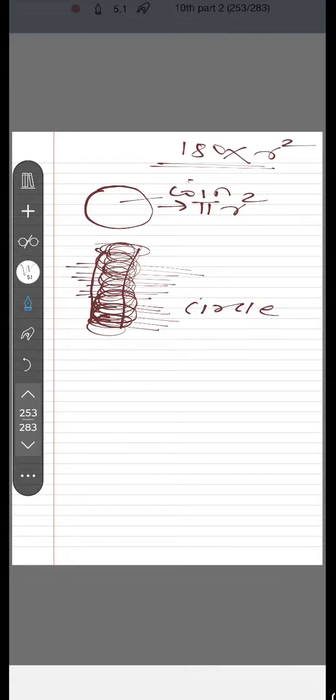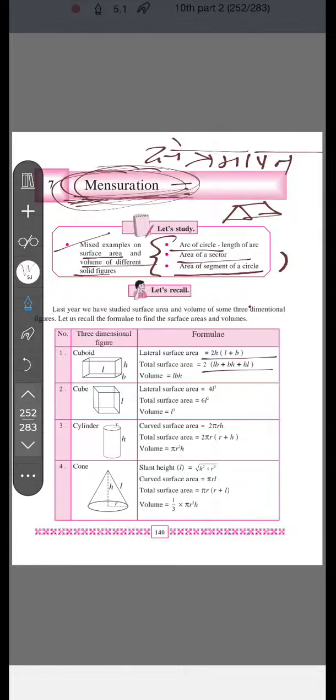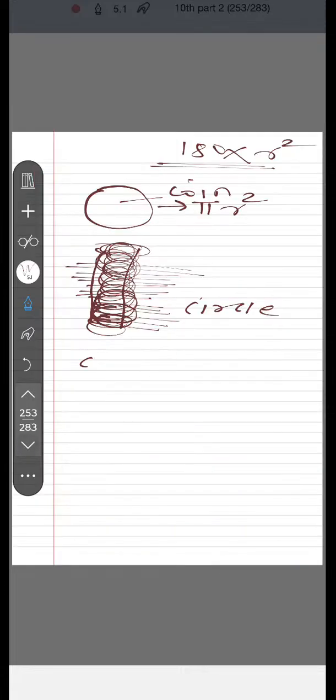So the area of that cylinder is nothing but what? The cylinder is a solid shape, correct? And therefore it has not only area, it has a surface area, and it also has a volume.